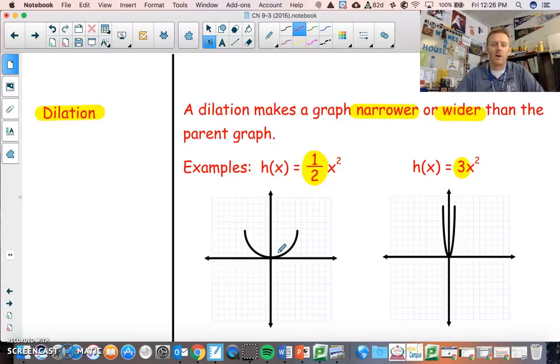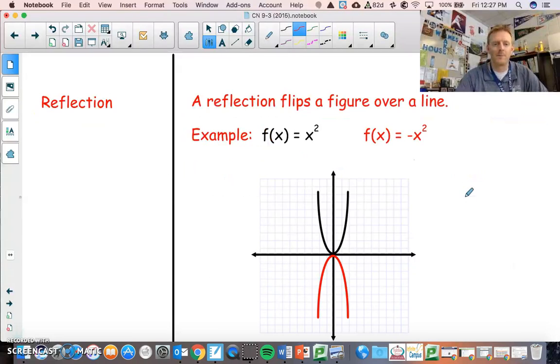If the multiplier in front is greater than 1, like this 3 is, it's like stretching a rubber band more vertically to make a more narrow graph. So a number less than 1 makes it wider. A number greater than 1 makes it more narrow for our parabola. And that's what we need to be able to describe using those types of words.